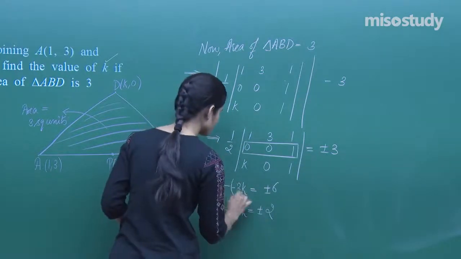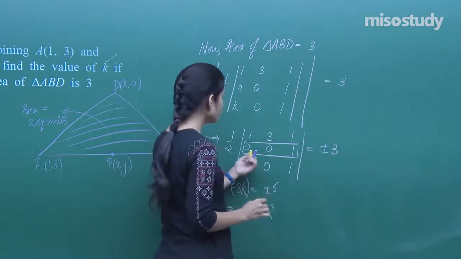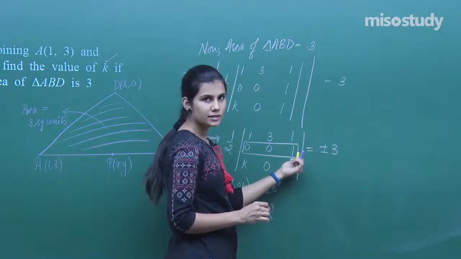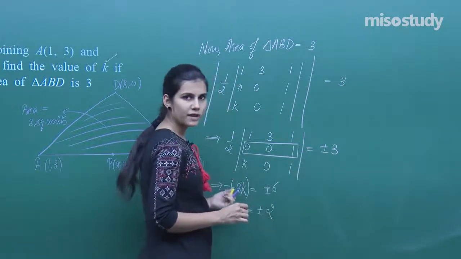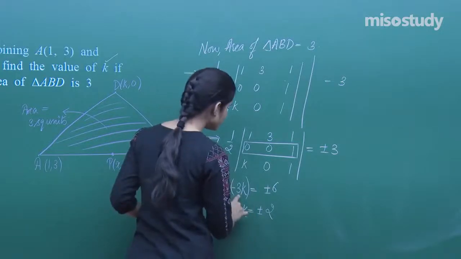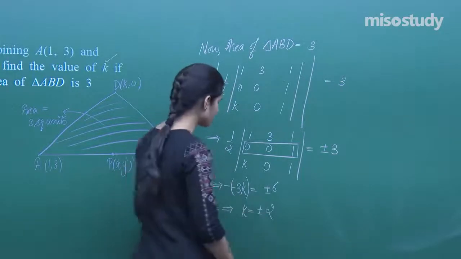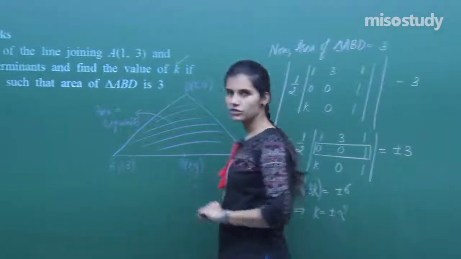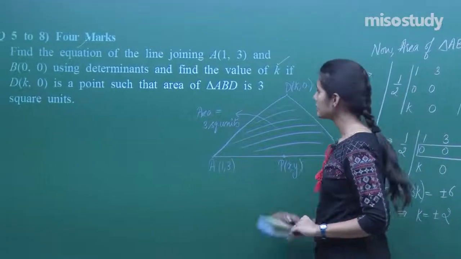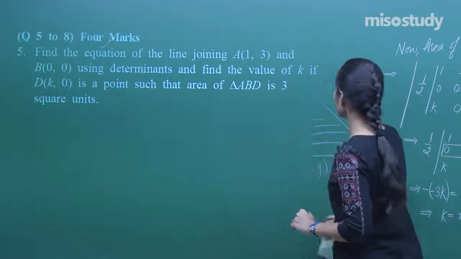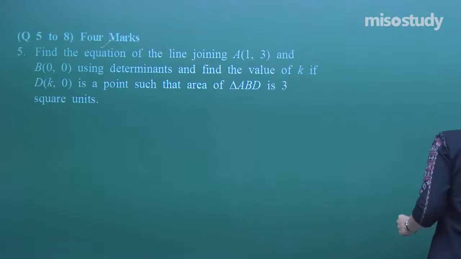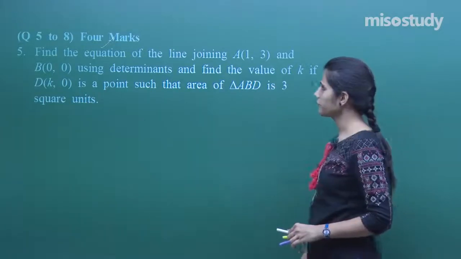Here one more minus is going to come because this is the 2,3 element, so minus 1 to the power 2 plus 3, that is minus 1 to the power 5. So minus of this, so this will be 3k equals plus minus 6 or k equals plus minus 2. So it is for k equals plus minus 2 that the area of this triangle is equal to 3 square units. Understood? That's how you tackle this question, having two parts: one is the equation, the other is the value of k.